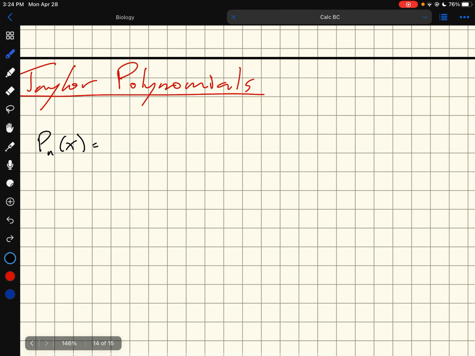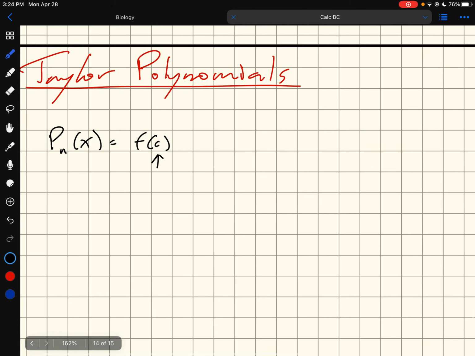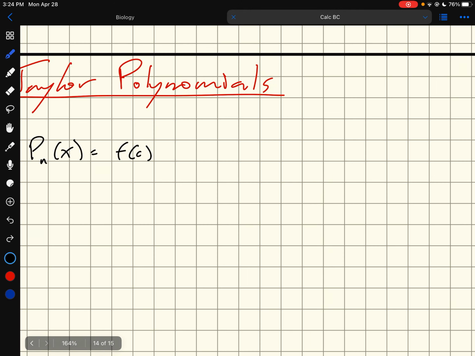So I'm going to write out some terms, and we can start to see a pattern develop in how Taylor polynomials are written out. So c is the number that you're finding the derivative approximation at. And for your first term of the polynomial, you're just going to plug that into the function directly.